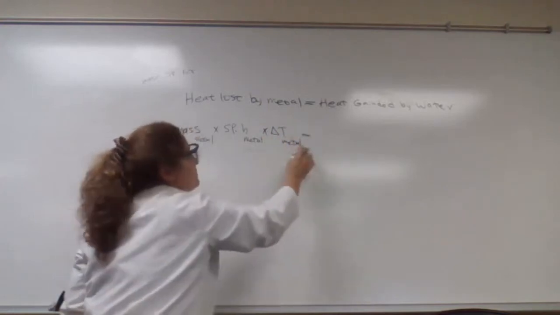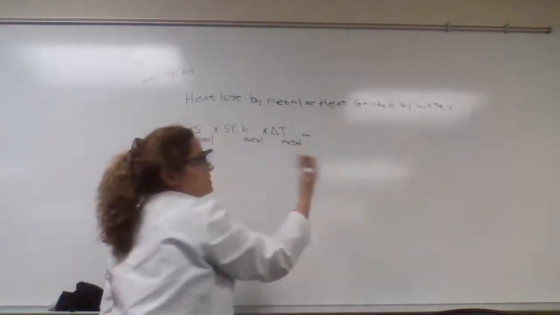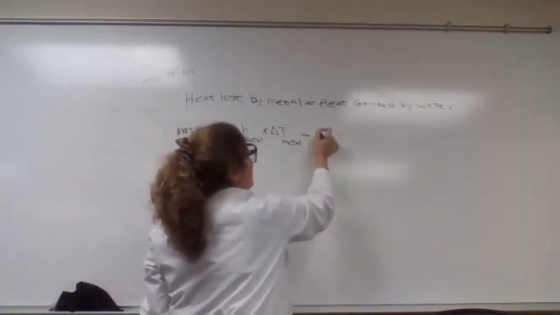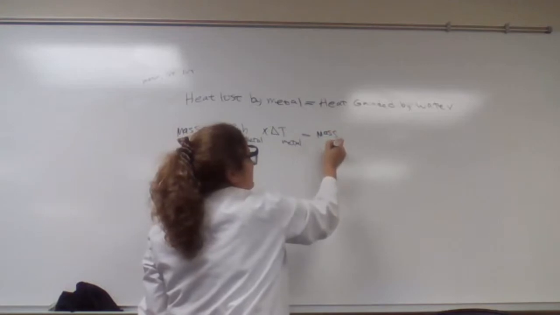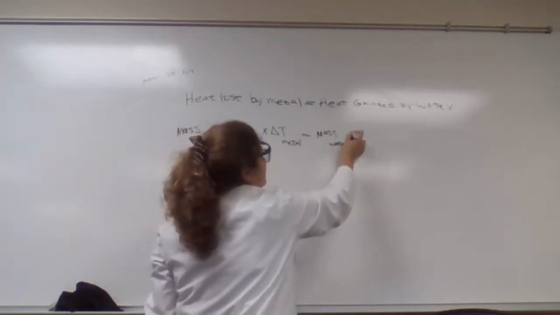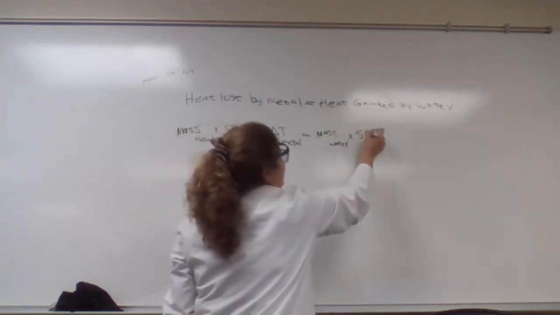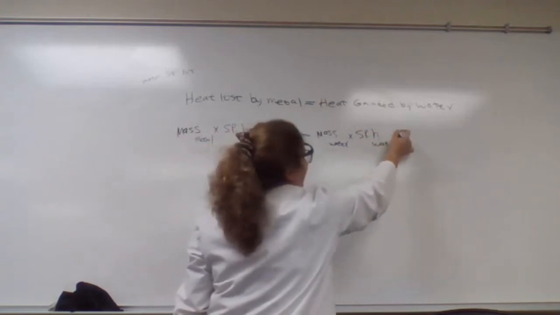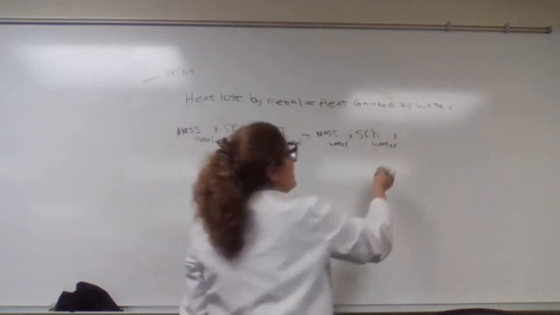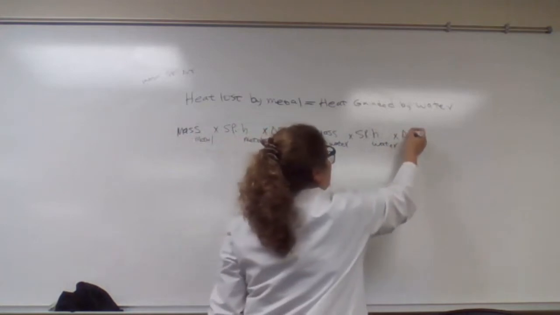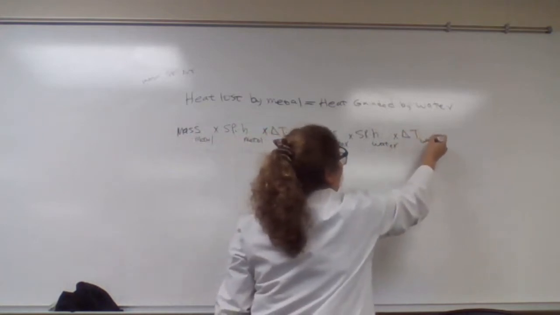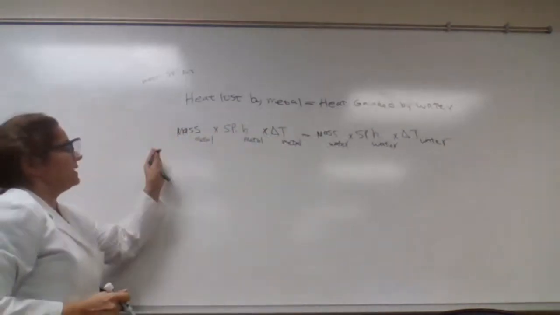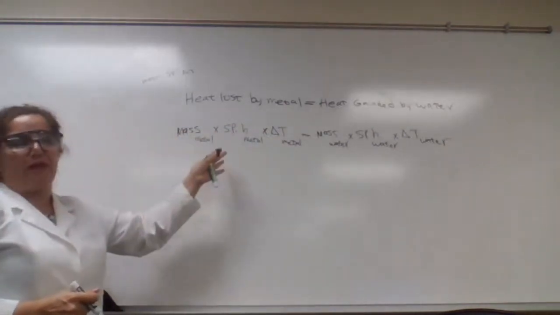That equals heat gained by water. We are using the same formula for water. So it's going to be mass of water times a specific heat for water, or C value, whatever the procedure gives you, times change in temperature for water. So this is now an equation.